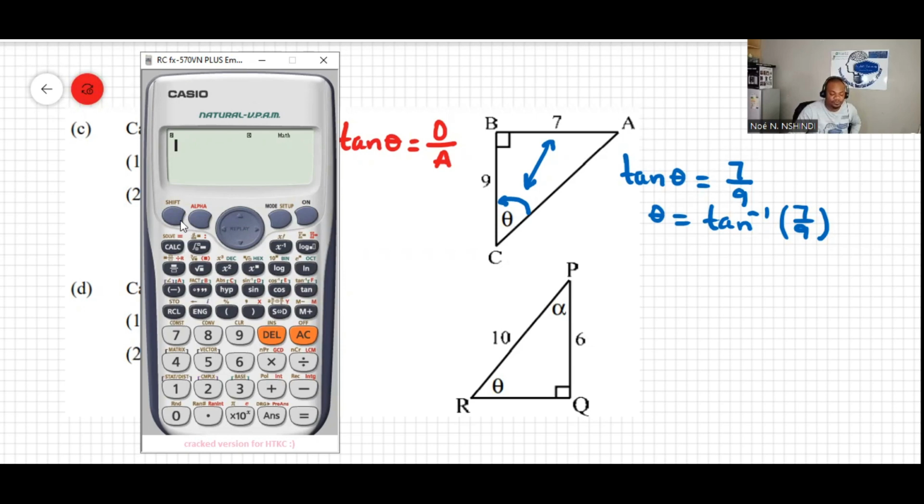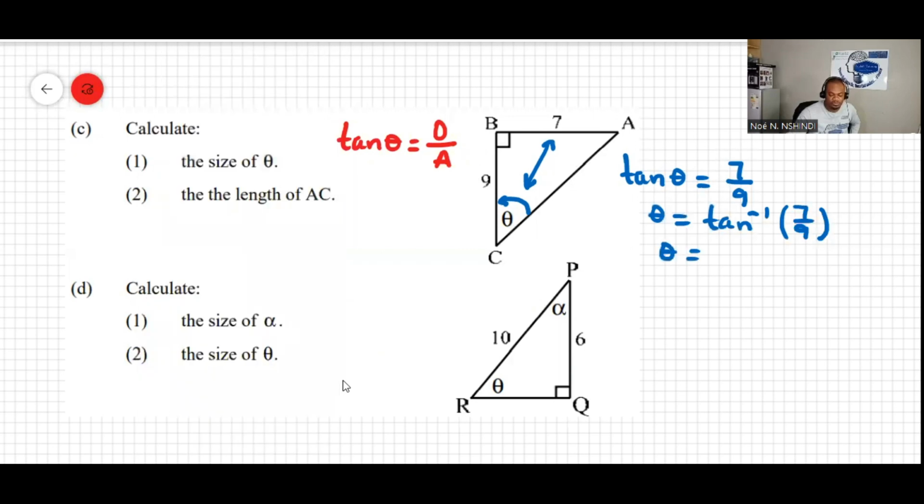So we press shift first, then the tan button, then write 7 over 9, and hit the equal button. This is equal to 37.87. To one decimal place, it's going to be 37.9, which makes theta equal to 37.9 degrees.